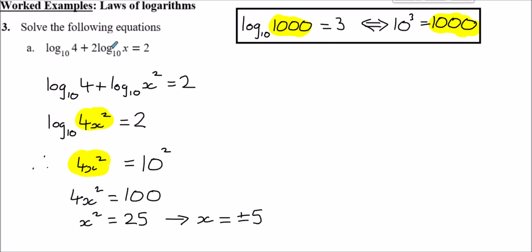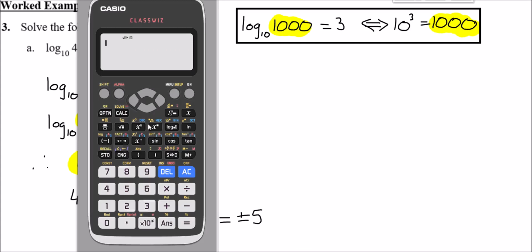We can't take a log of a negative value, because we can only take logs of positive values. If you try it on a calculator, it would just simply blow up. So for example, log base 10 of say minus 2, doesn't like it, never will, never does.